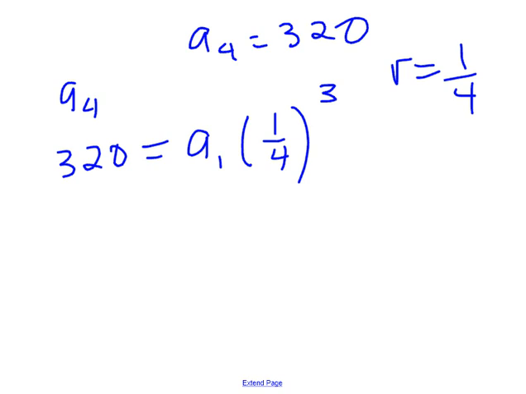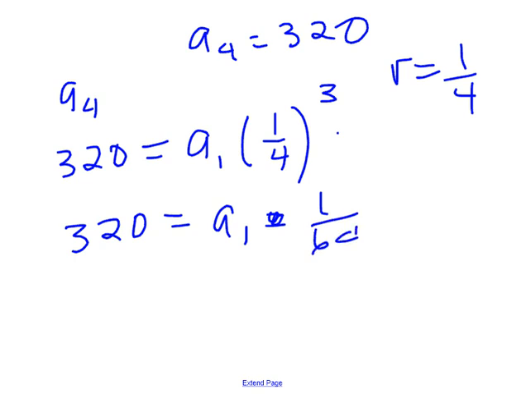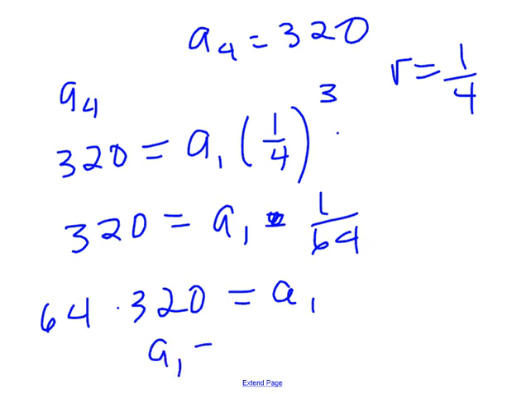When I want to solve for A1, in this case I'm going to divide by 1/64, which is really multiplying by 64. So to get my first term, it's going to be 64 times 320. I could use my calculator to figure out what that number is, and I get a first term of 20,480.